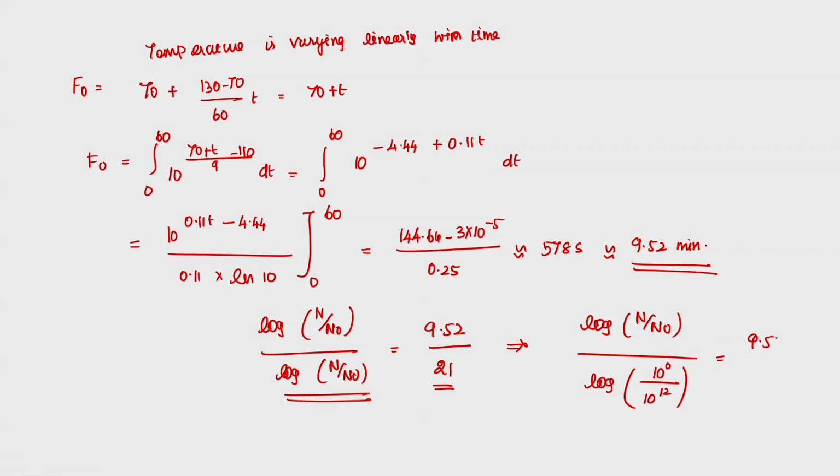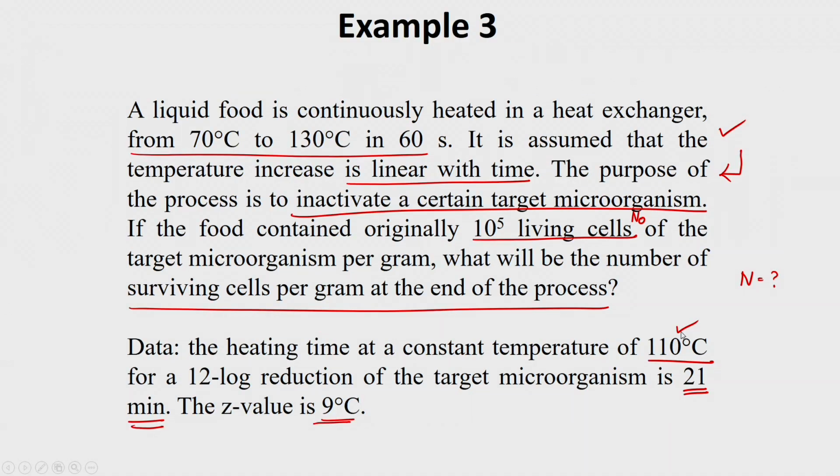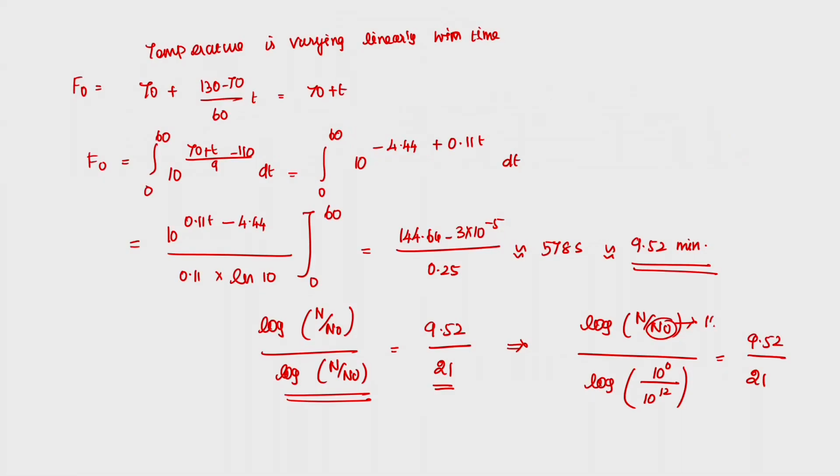So, this is 9.52 and this is 21, and also we know here, right. So, it is given in the problem 10 to the power of 5, right. So, this is log of n upon 10 to the power of 5, divided by, so this is 1 upon 12.